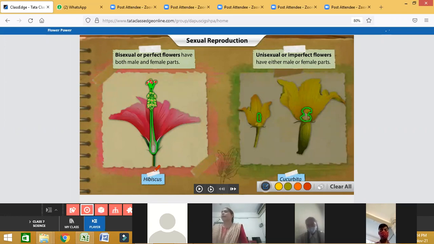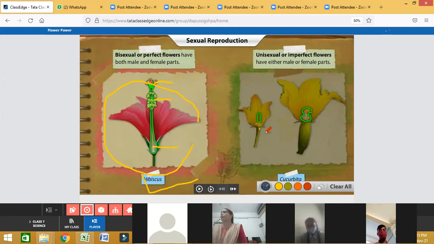See this? This is the flower, Hibiscus rosa-sinensis, that means China rose. And in this China rose, you will see that this is the female part. Okay. And here the anther, that is the male part. Now come to the second diagram.